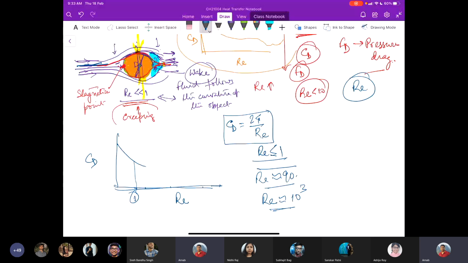Now, are you confused when I say that with increasing Reynolds number, the drag coefficient is decreasing? Do you have any question on this?